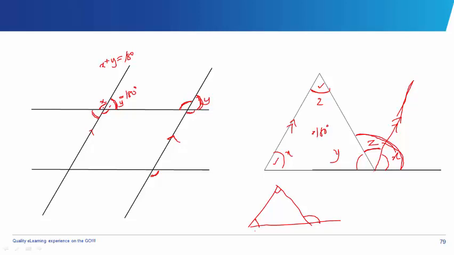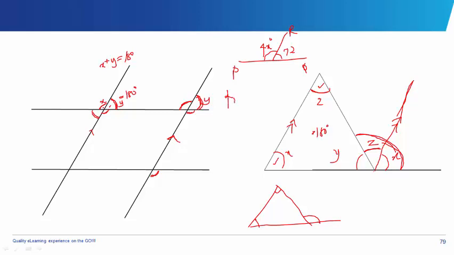Now let's look at one example which says we have a straight line called PQ, and we have another line R. So if here is 72 and here is said to be 4x degrees, what is x?